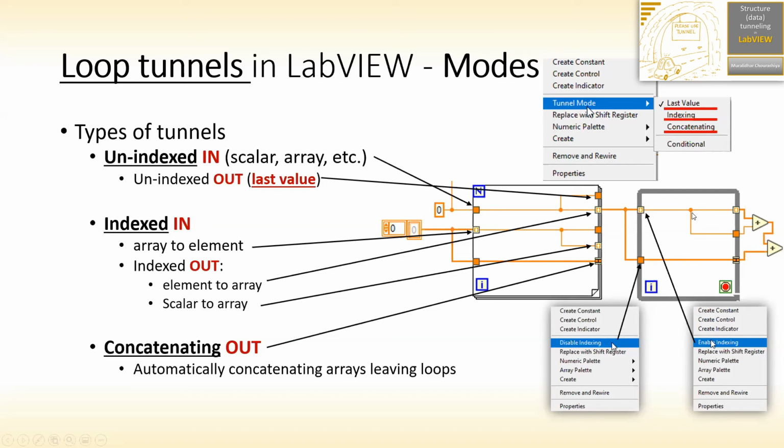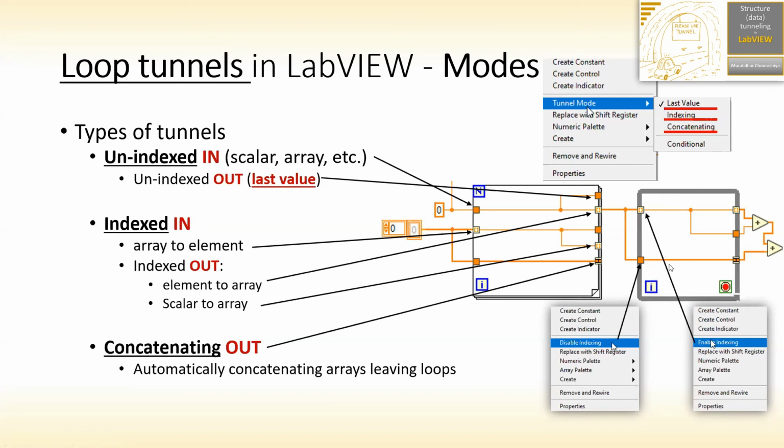For the first cycle it will read the zeroth element, then in the second cycle the first, then second, then third, then fourth. This is called indexing of data. When you enable this, the data will not go as an array, but as an element of that array, one by one to the loop.